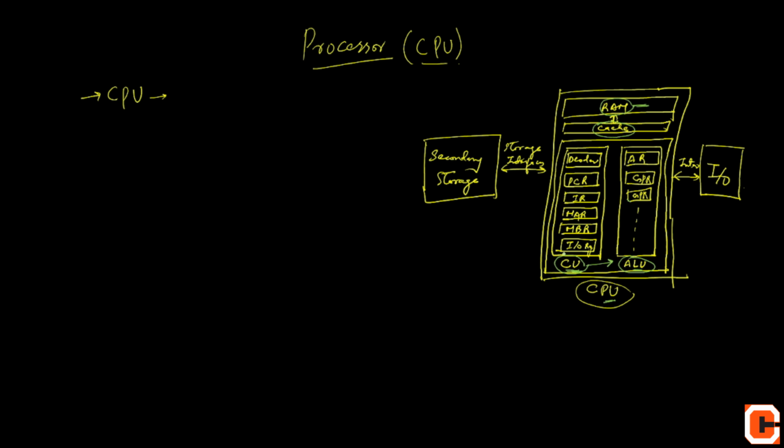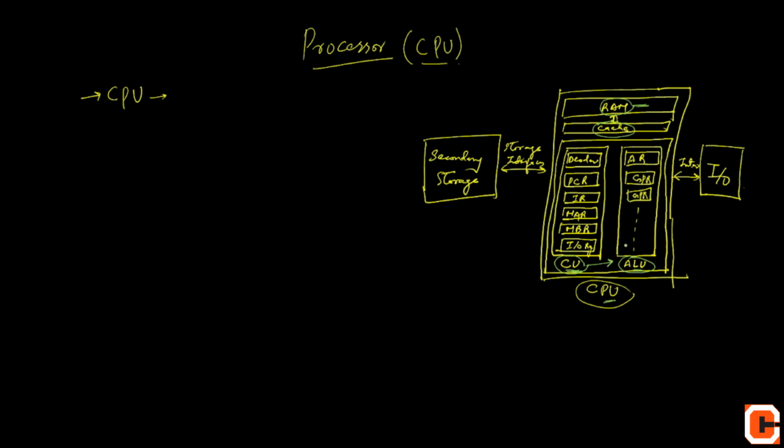Now I will tell you what registers are. First of all, these are all the registers. So what are these registers? As the CPU interprets and executes instructions, there is a movement of information between various units of a computer.